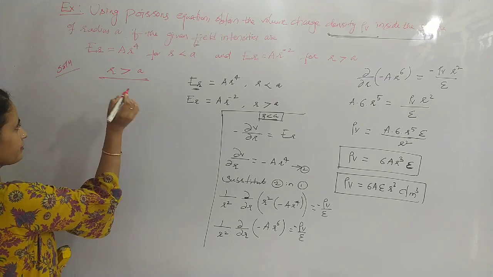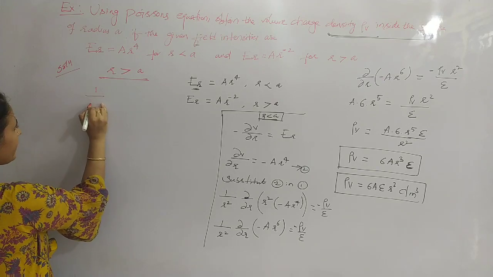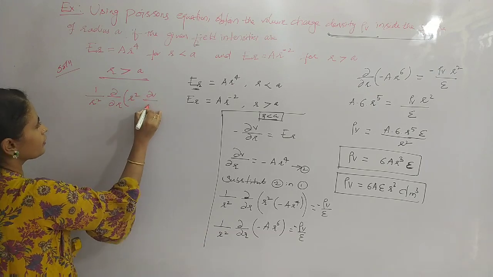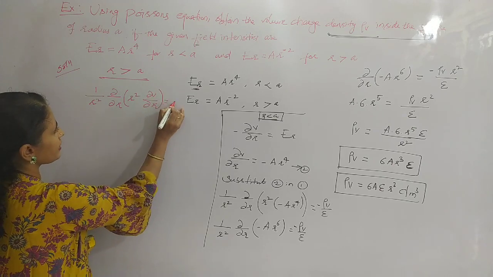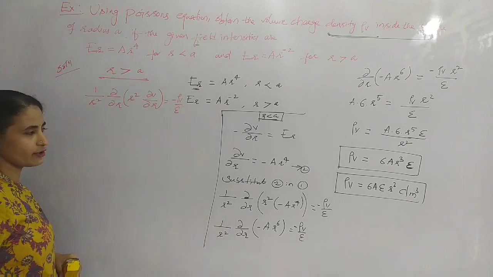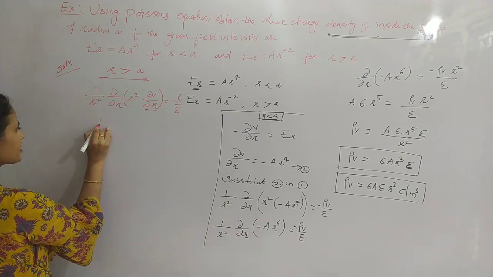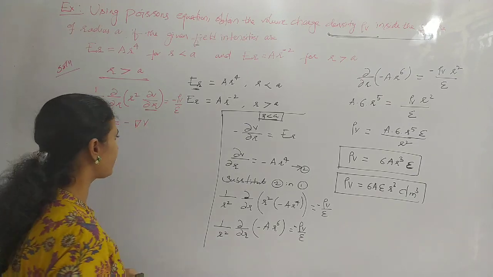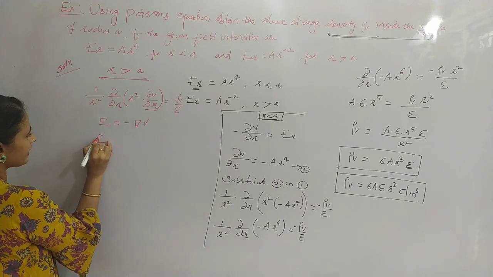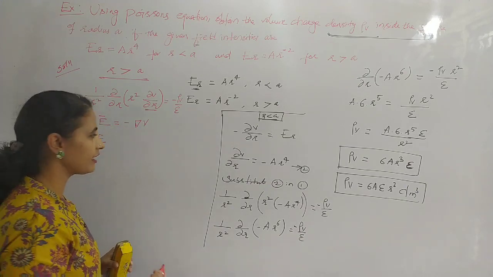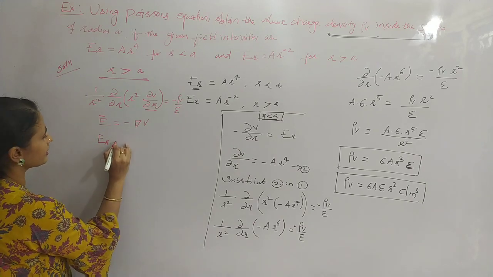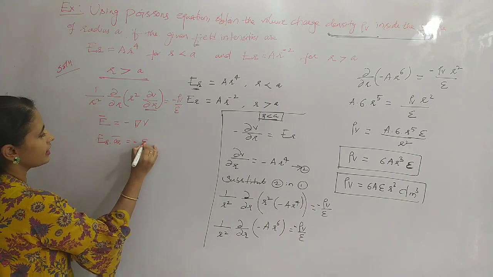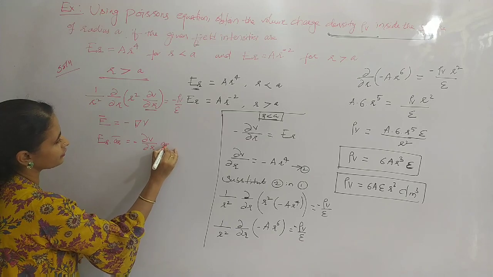So we have Poisson's equation as 1 by r square dou by dou r of r square into dou v by dou r, which is equal to minus rho v by epsilon. Using the relationship between E and V, the electric field intensity is given by minus gradient of V. In vector form, E is the magnitude into its direction, dou V by dou R into AR.